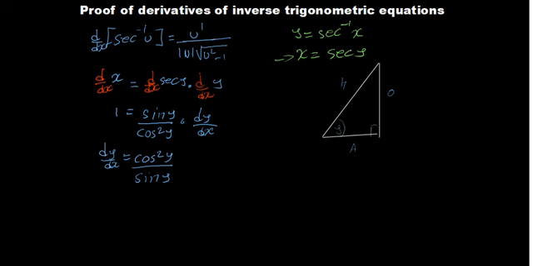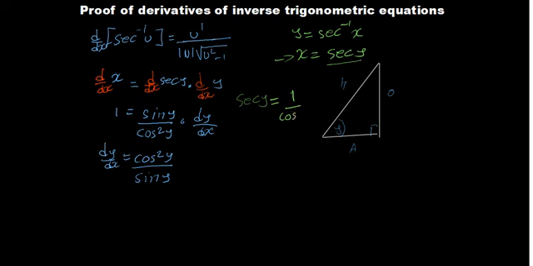So now, because we already have an x, we want to know where x is, and for us to know what x is, we have to understand what sec y is. From trig identities, we are taught that sec y, or sec theta, is equal to 1 over cos y.